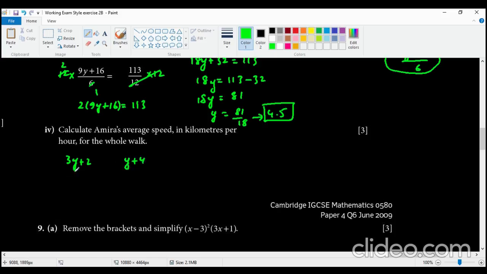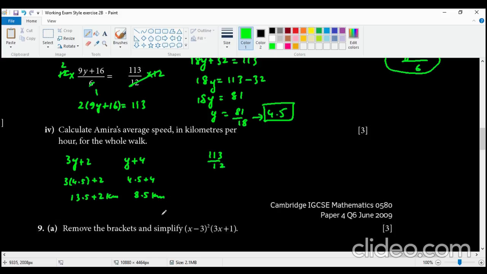So 3 times 4.5 plus 2 is the first part, and 4.5 plus 4 is the second part. This gives us 13.5 plus 2, and this is 8.5 kilometers, and this is also in kilometers. When we add them together, the total time taken is 113 over 12.